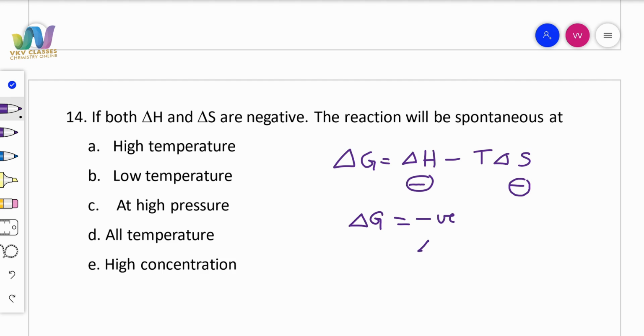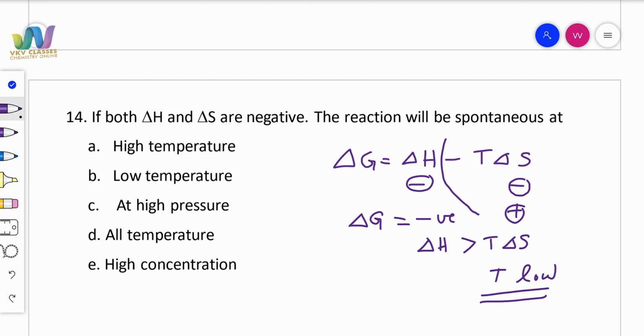So for delta G to be negative, delta H should be greater than T delta S, because this part is negative and this part is positive. So temperature should be low. If temperature is very high, the T delta S value will become greater. So when temperature is low only, the reaction is spontaneous.